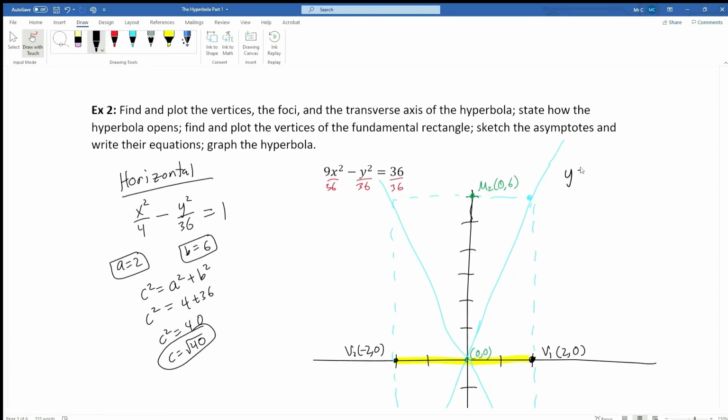Well, this is y equals my rise over run for my rectangle. I'm going up 6 and over 2. So that's 6 over 2x, which is, of course, just 3x. And for the other diagonal here, I would have y equals -3x. So those are the asymptotes.